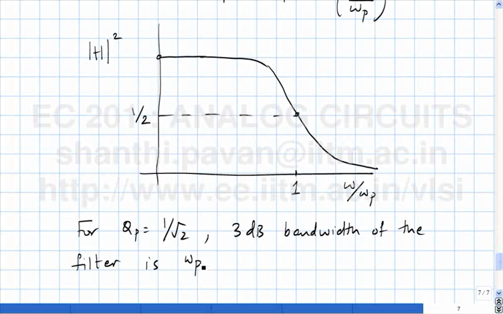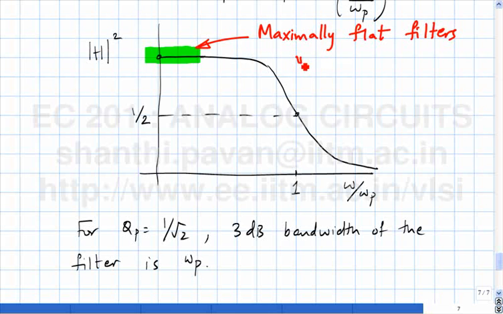And such filters, where the response at DC is as flat as is possible, are called maximally flat filters. Also called Butterworth filters, after the British engineer who invented them.